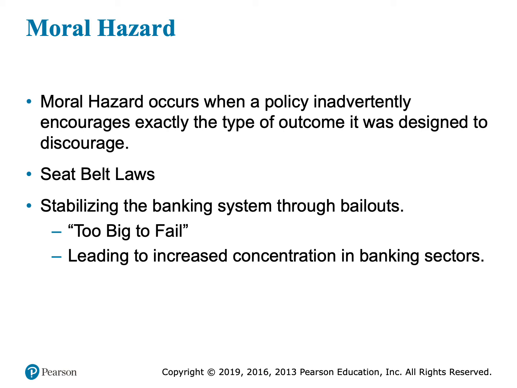And so bailing out the banking system leads to the moral hazard that banks will try to become larger and more concentrated, leading to an increase in concentration in the banking sectors rather than a decrease of it. So you start to see banking systems saturated with firms that are strategically too big to fail. And thus, the system is more likely to suffer a destabilizing force in the future.